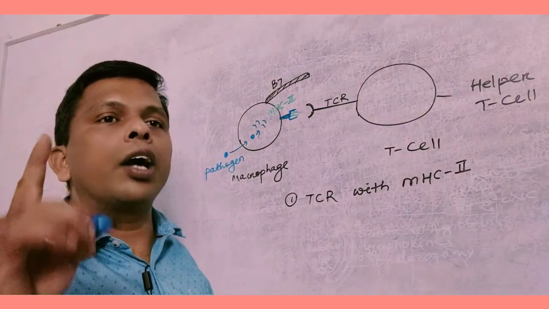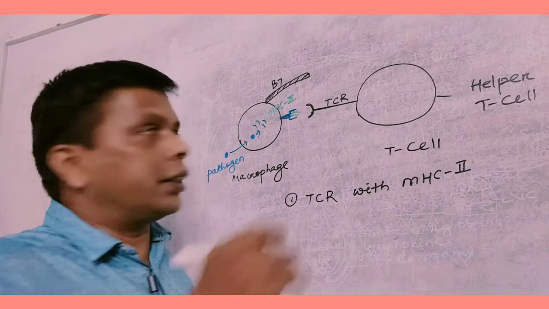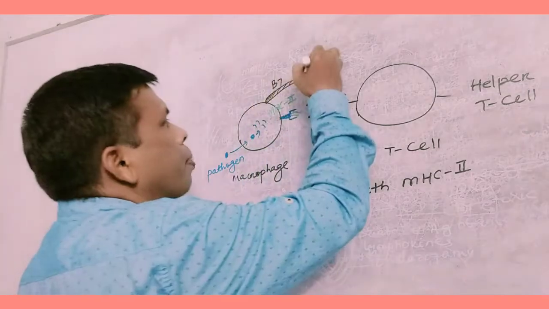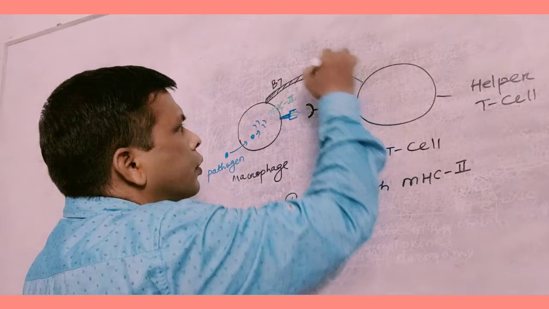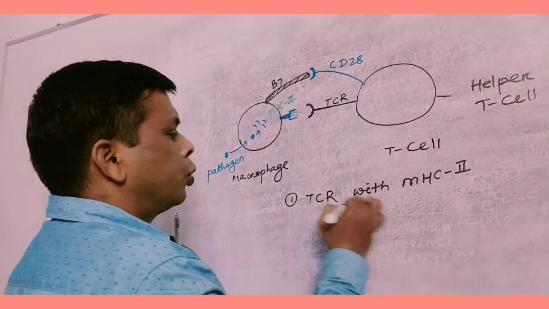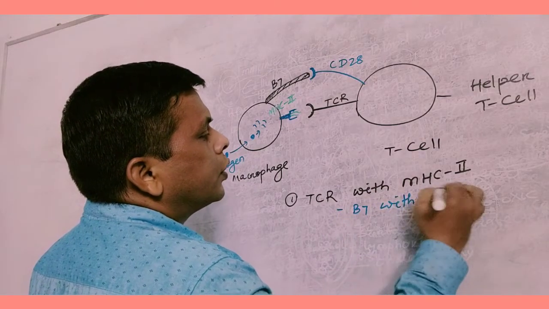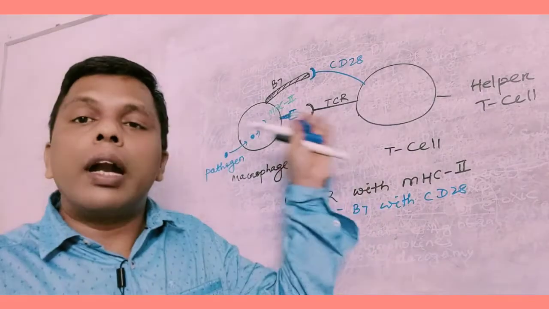It interacts with the CD28 receptor of the T cell. CD28 will be in the T cell. So B7 with CD28. It is an accessory event, not as important as the first.